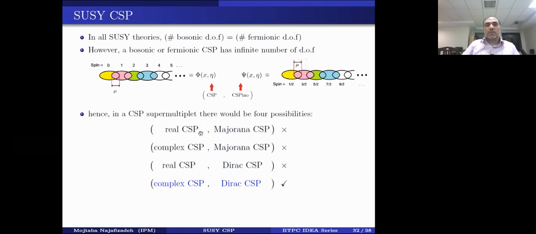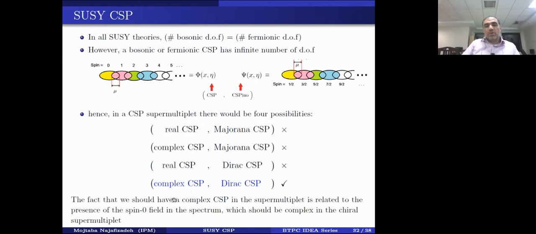This is why here I just speak about Majorana and Dirac CSPs. We showed that among these four possibilities, just this case is possible, and just for this case, you can close the SUSY algebra such that CSP is complex and CSP-bar is a Dirac spinor.